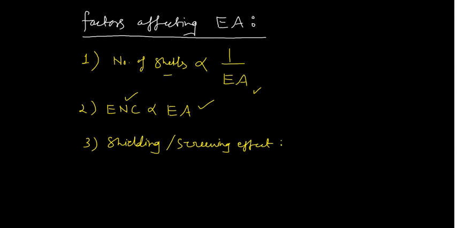So this screening effect or the shielding constant is inversely proportional to the electron affinity. This is something very, very important, right? So see what will happen. Whenever the shielding occurs, effective nuclear charge decreases, and when effective nuclear charge decreases, of course your electron affinity would also decrease. This is something very, very important which you should know.